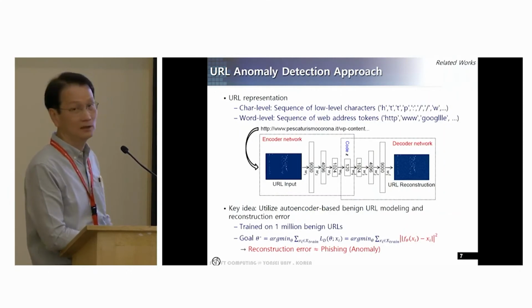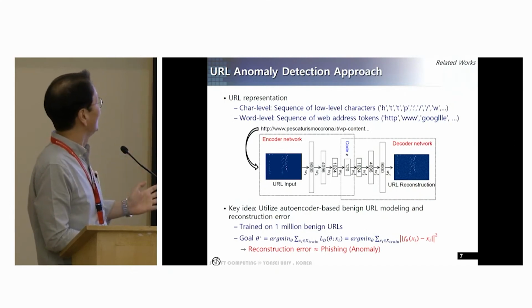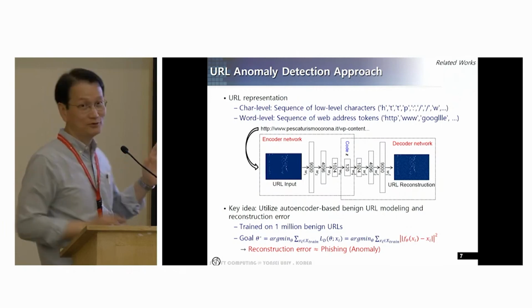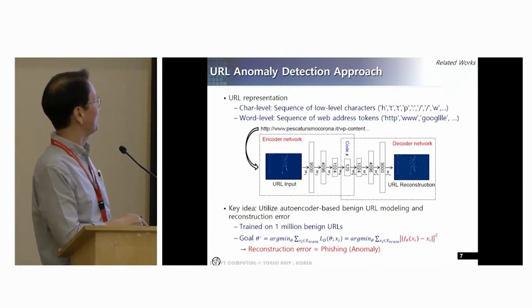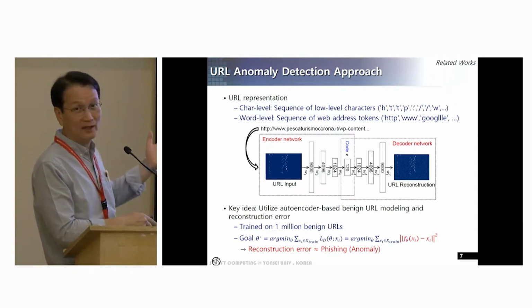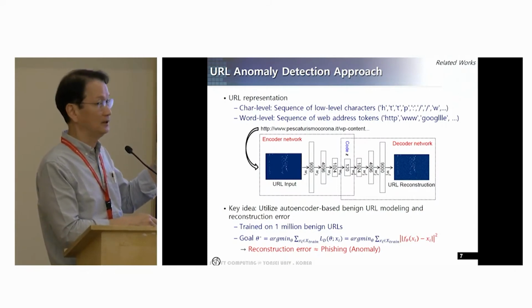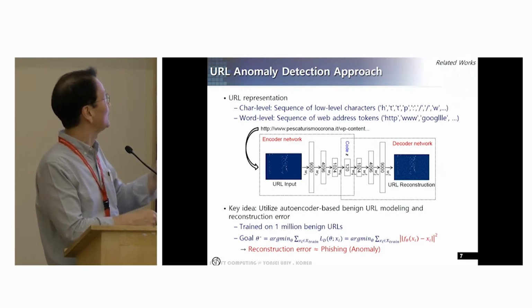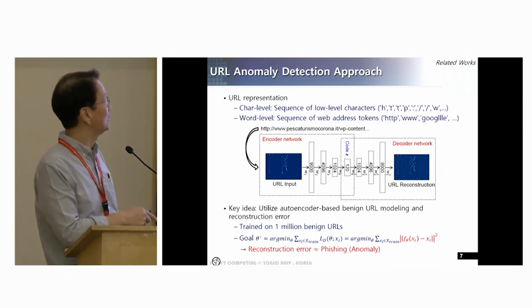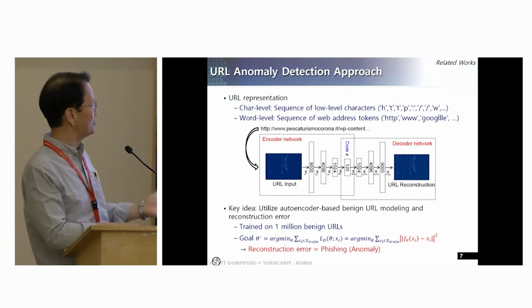And the second notable approach is called anomaly detection. In this approach also, they use 2 different representations: character level representation and word level representation. As the name says, character level means that the input is divided into characters: H, T, T, P. However, the word level representation produces HTTP, www, Google, etc. And the general structure looks like this.